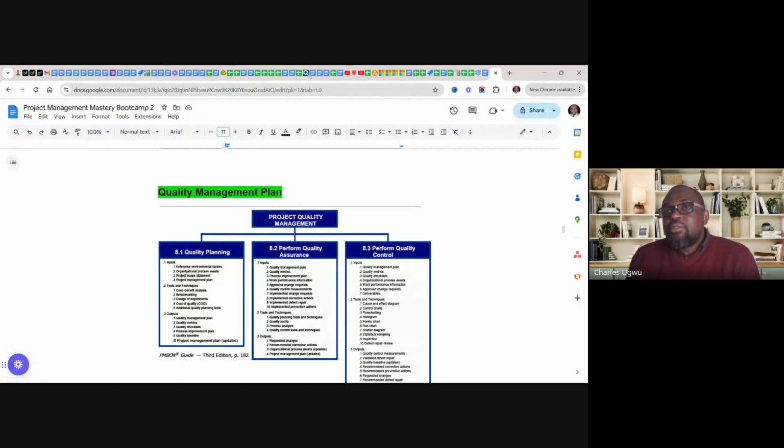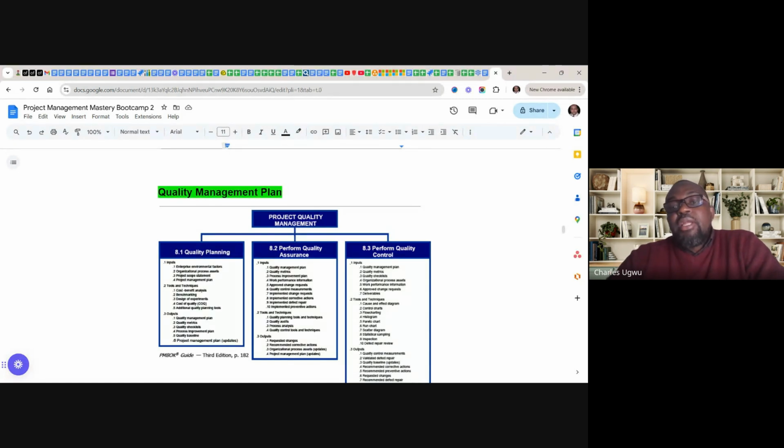Many companies have quality assurance officers, some have a quality control manager, but this time I want to streamline it so we know it's a very, very important topic. Even outside project management, everything we do at organizational level must have quality, must have standard.